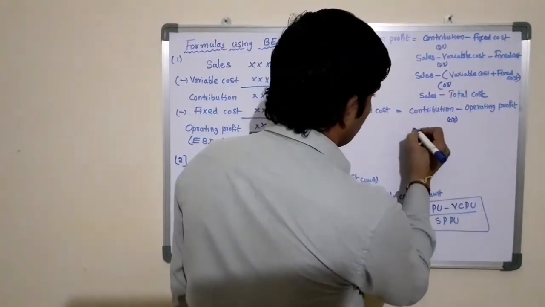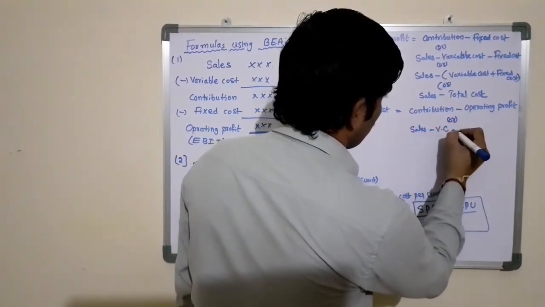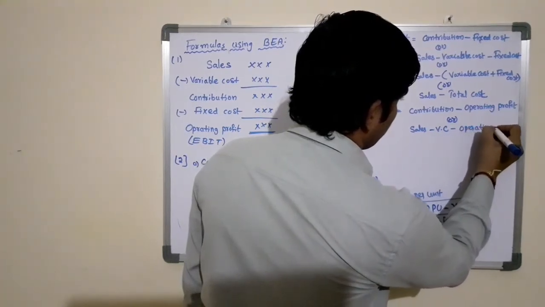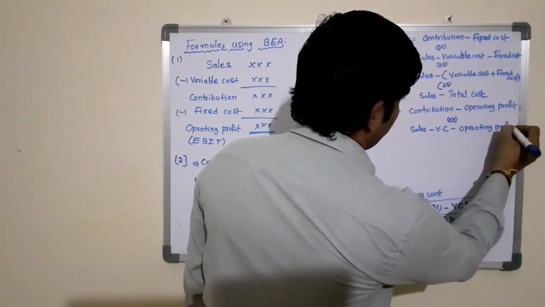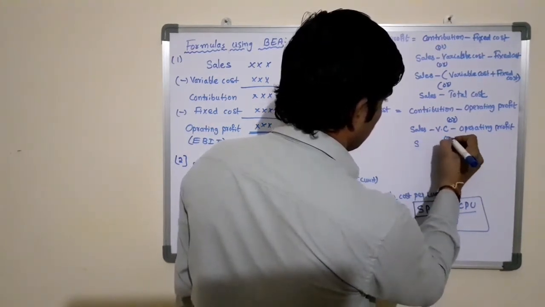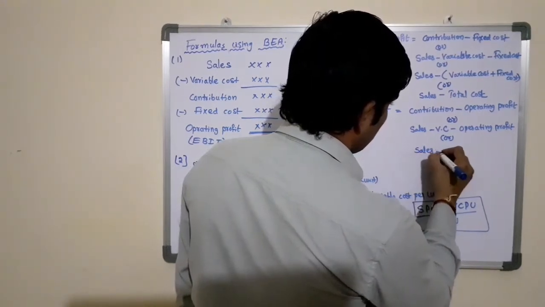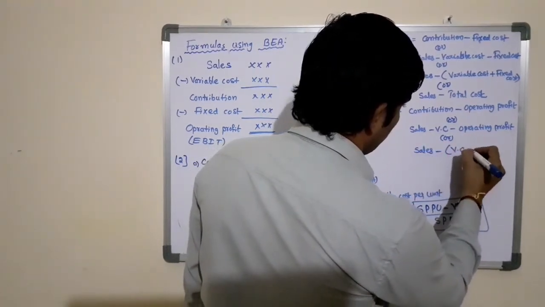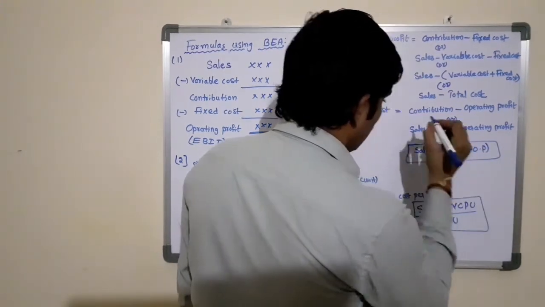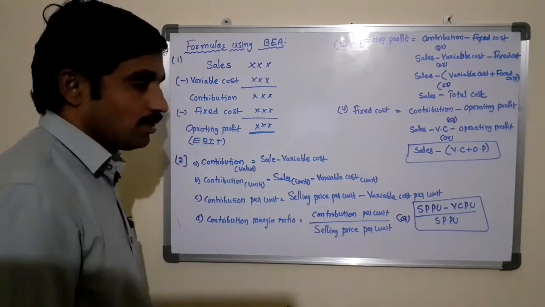Or again contribution means sales minus variable cost minus operating profit. Or here sales, it is also written as sales minus of variable cost plus operating profit. It is also the formula for calculation of fixed cost.